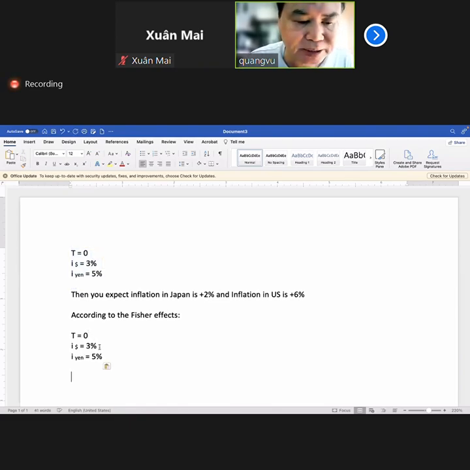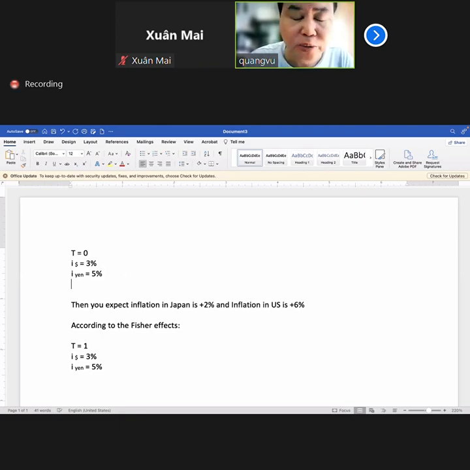And then according to the Fisher effect, at t equals 1, the future nominal rate you should expect, the nominal interest rate in dollar will change, right? But it changes in such a way that the real interest rate between the two countries must be the same. So at t=0, when the market reaches equilibrium, the real interest rate in dollar exactly equals the real interest rate in yen.